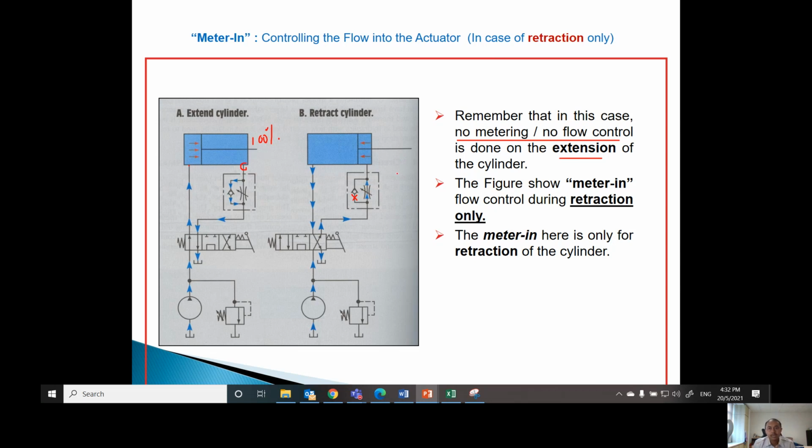So in this case, the meter in is during retraction only. And why do we still call this meter in? Because we control this retraction when the flow is going into the cylinder.